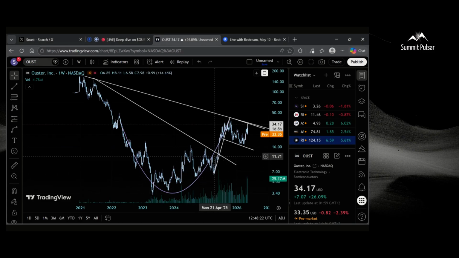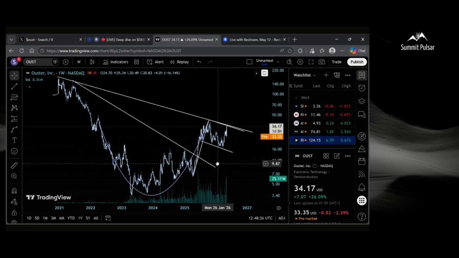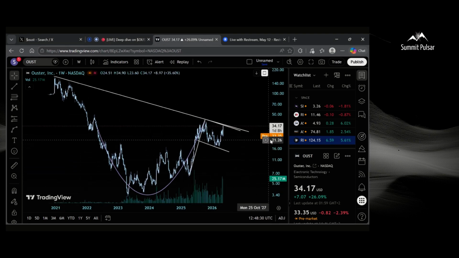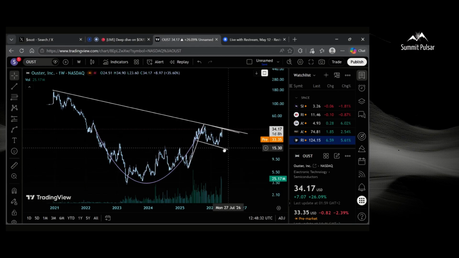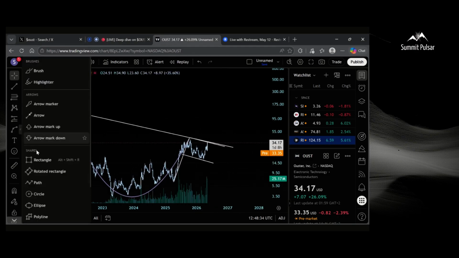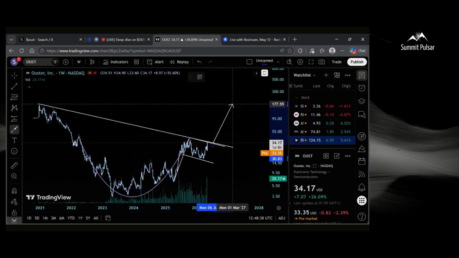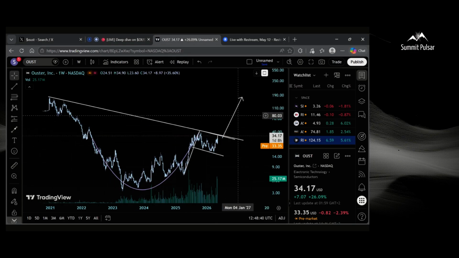Now the price again exploded in the scalp rally, and right now it's trading in the bull flag. So that's very interesting. And if you ask me, it's likely going to continue higher.